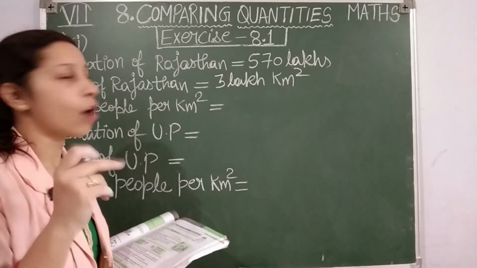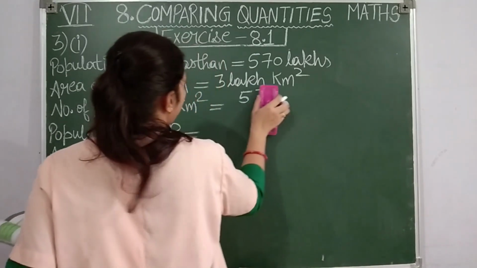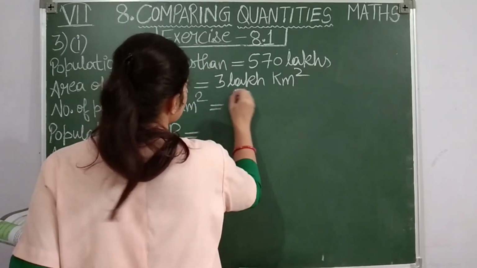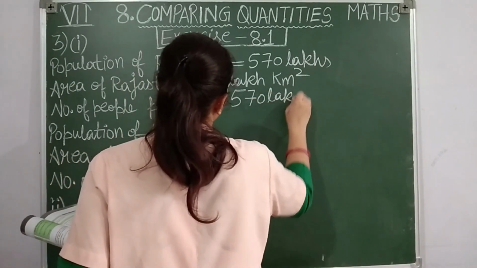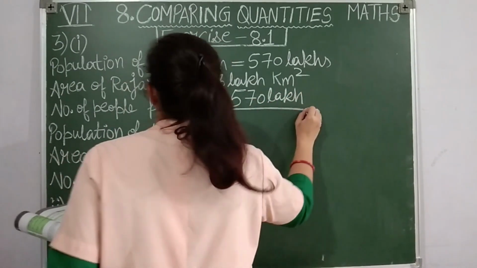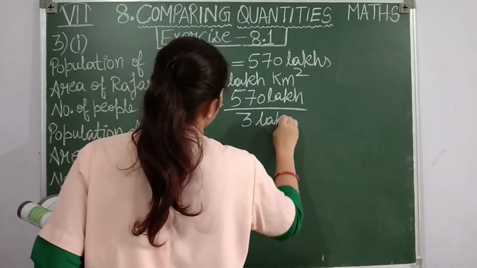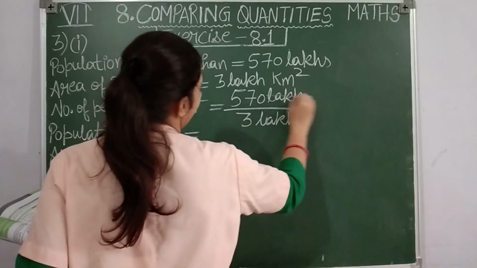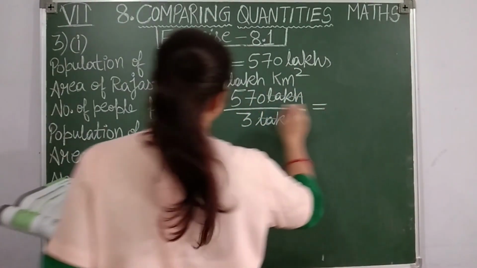How to find, students? Total number of people is 570 lakh divided by area, which is 3 lakh. Now students, lakh cancelled.